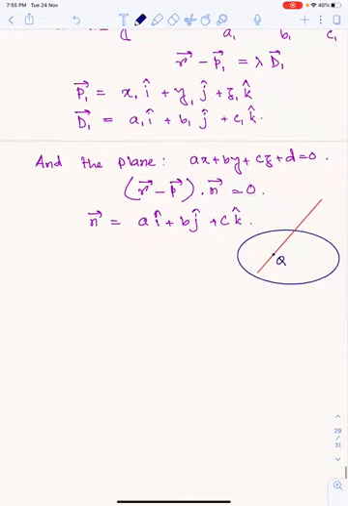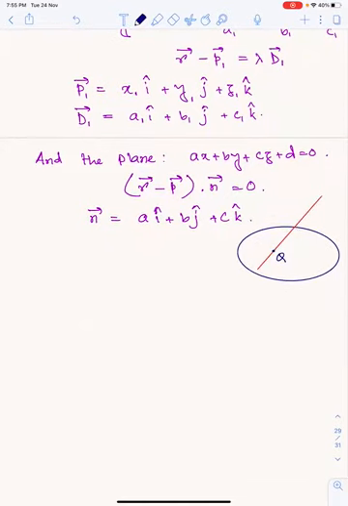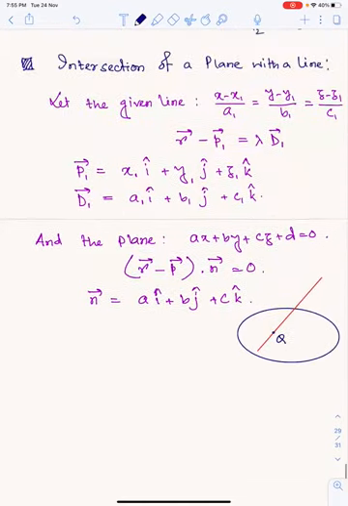So the procedure of determination will be, we can consider a general point on the line.